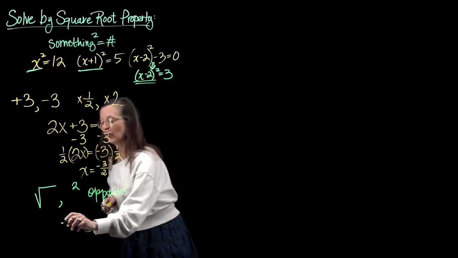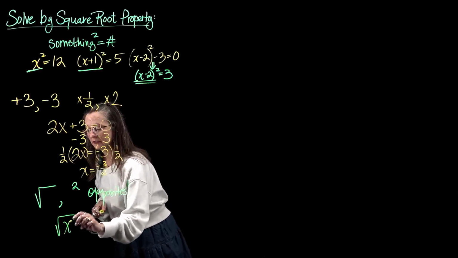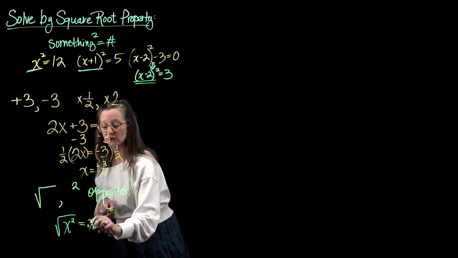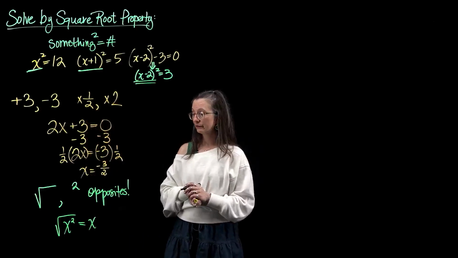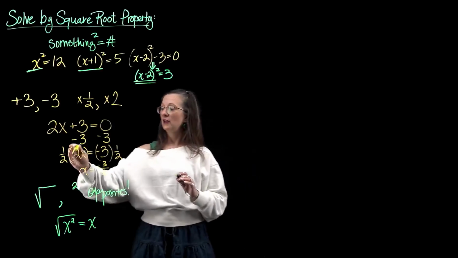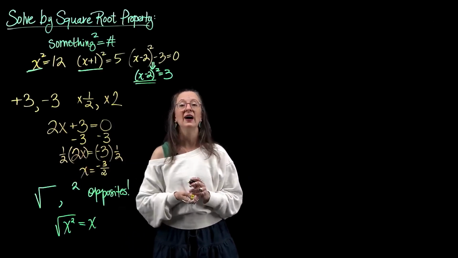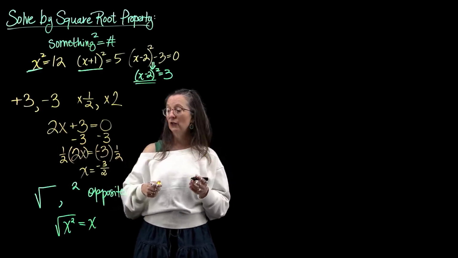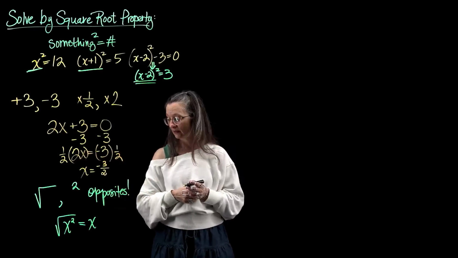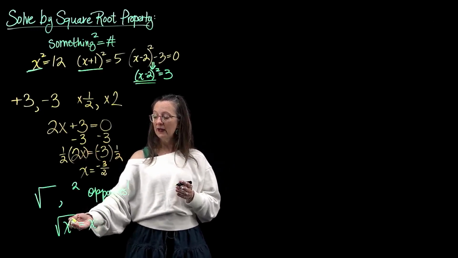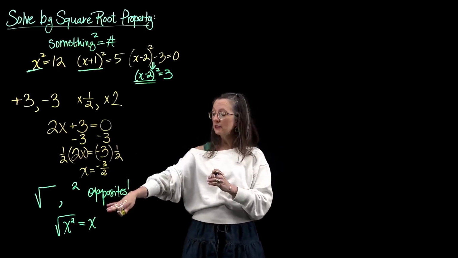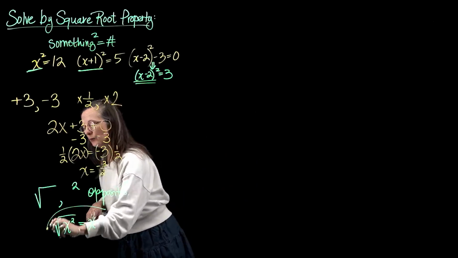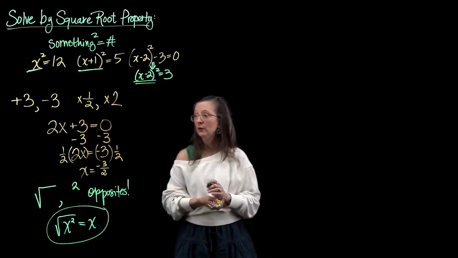So if I have the square root of x squared, this is just going to give me x. Same as if I have 1/2 times 2x, those opposites come together, cancel each other out, and we're just left with x. All right, so square root of x squared equals x. And this piece of information is going to be super important for square root property.